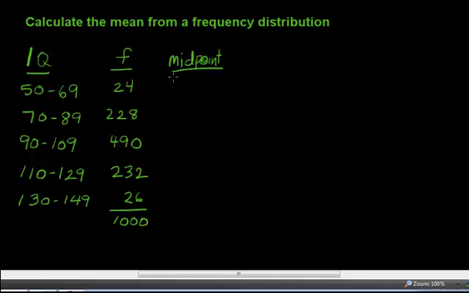And what we'll do is just take the average of the lowest score in that group plus the highest score in that group divided by 2, and we get 59.5. That's the best we can do because we don't have that individual data. So going through and doing the same thing in all of these, we get the average for each group, or the midpoint for each group.